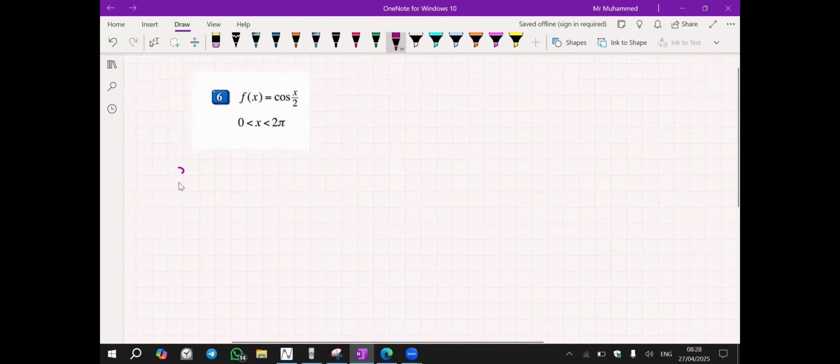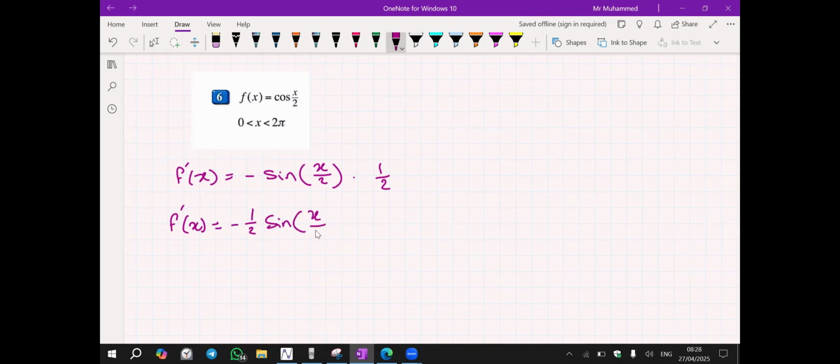Okay, we begin with the derivative. f prime of x is equal to negative sine, the angle stays the same, then times the derivative of the inside, 1 over 2. So the derivative is negative 1 over 2 sine of x over 2. Now the derivative equal to 0, I'll write negative 1 over 2 sine of x over 2 equal to 0.